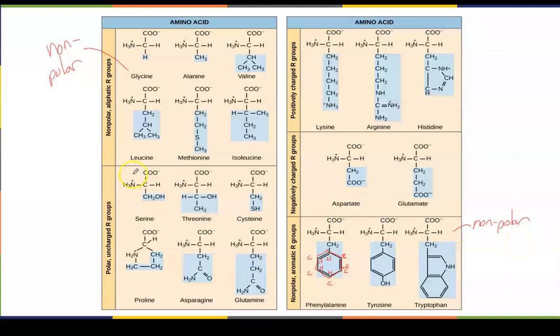Now let's look at a couple of other categories. Down here in the bottom left corner, we can see R groups that don't have any charge associated, but we can see combinations of atoms that we know are polar. For example, we know that oxygen and hydrogen differ in electronegativity, and so this is going to give us a polar portion to this R group.